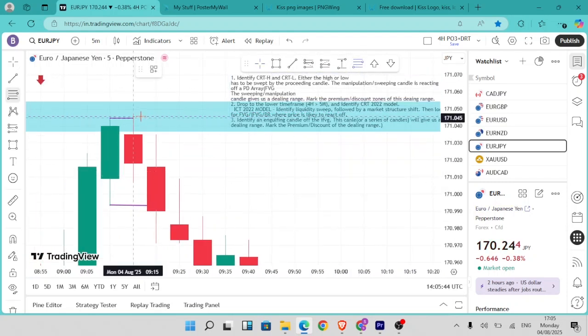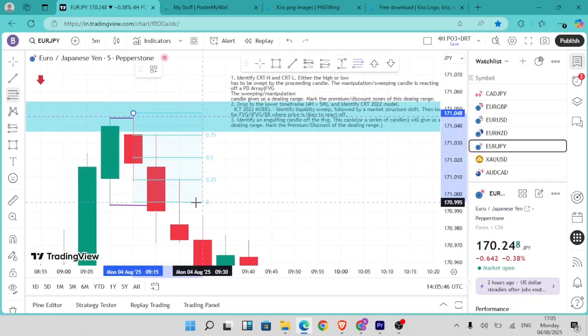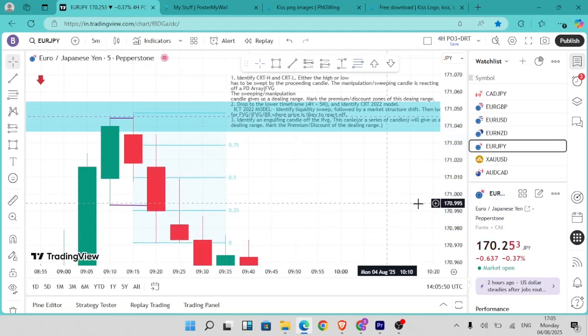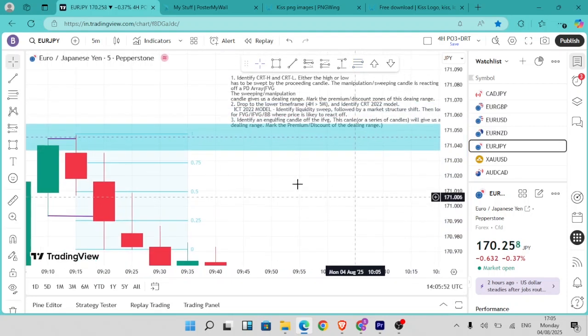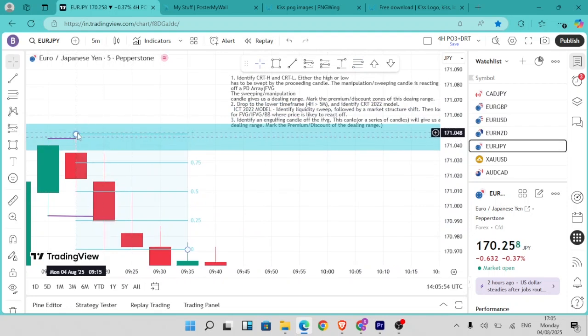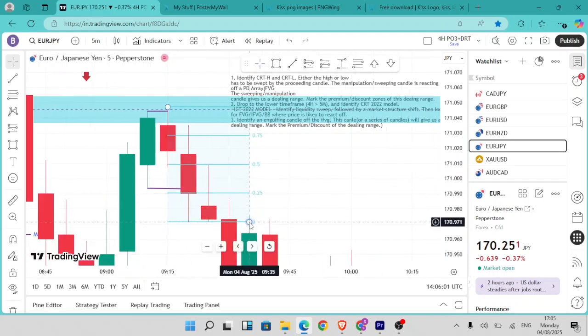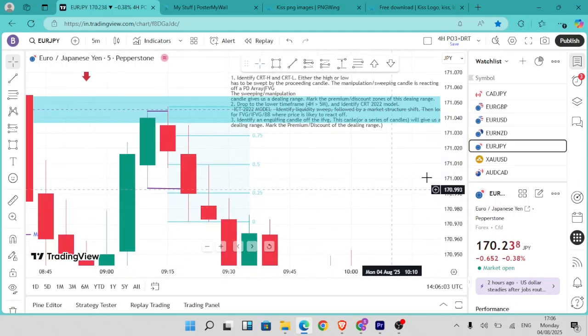Therefore, you mark the high to the low of this candle, you want to be as accurate as possible, right, to the low of this candle, like that.